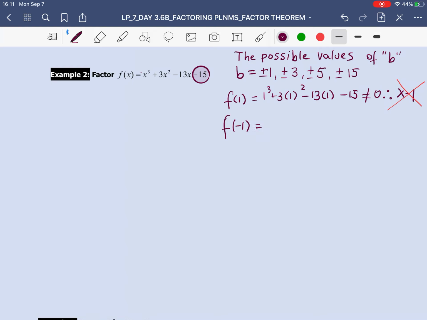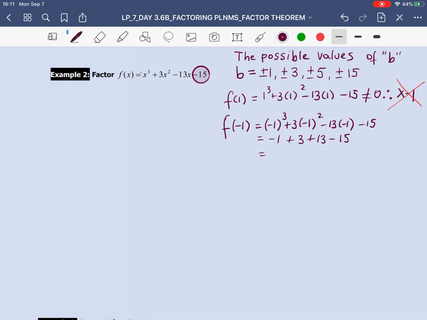We're finding f of negative 1. F of negative 1 will be negative 1 to the power 3 plus 3 times negative 1 squared minus 13 times negative 1 and then minus 15. So that's negative 1 plus 3 plus 13 minus 15.